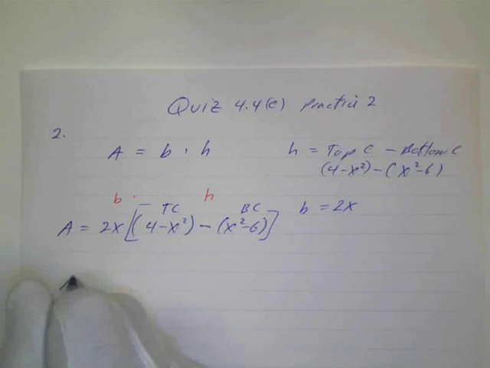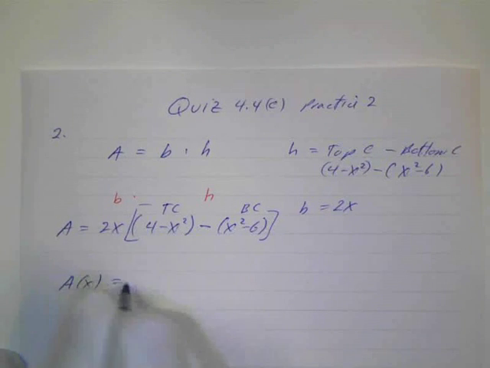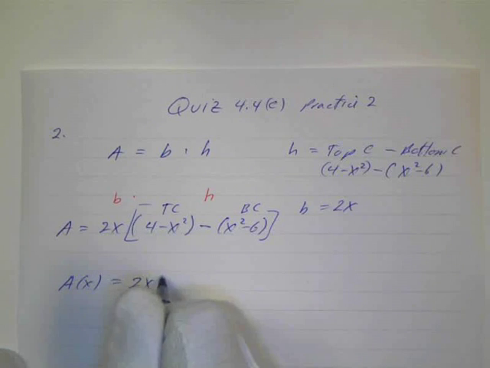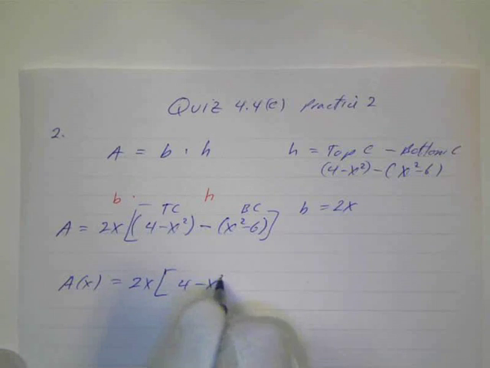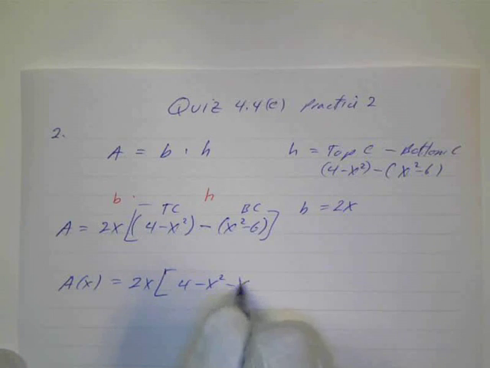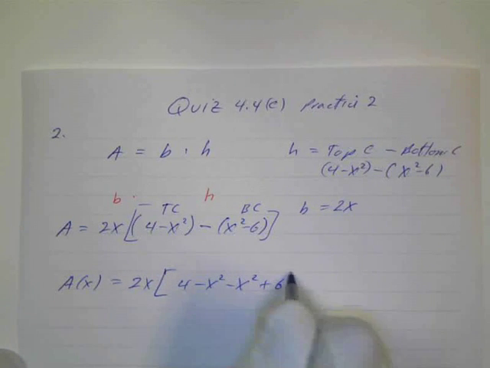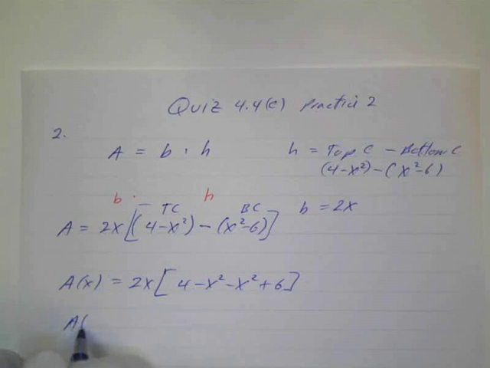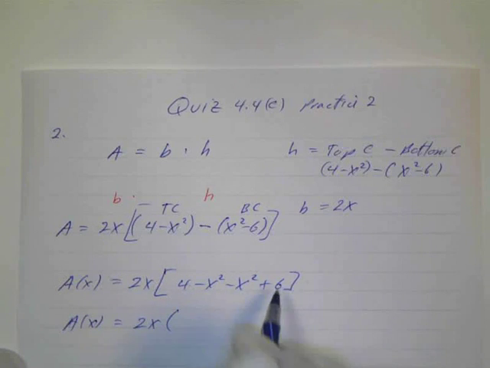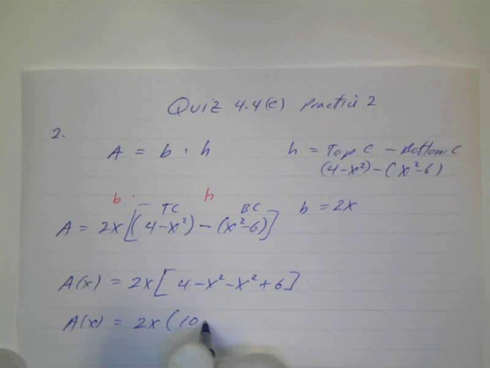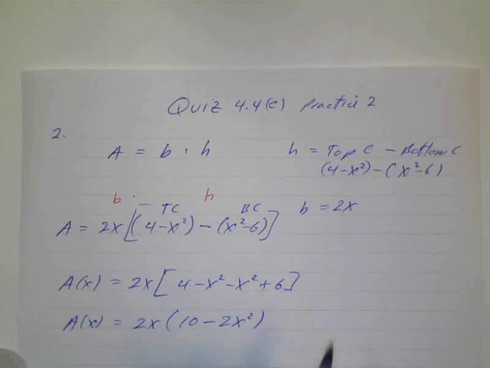So this is actually area as a function of x equals 2x times 4 minus x squared plus 6. So my area as a function of x will be 2x times, and 4 plus 6 is 10 minus 2x squared.